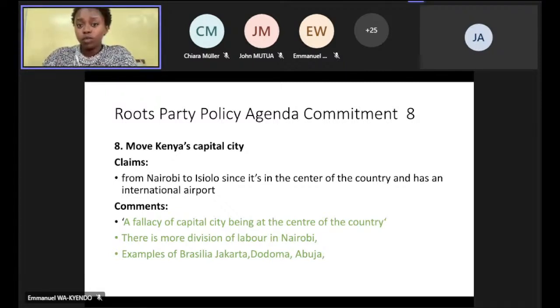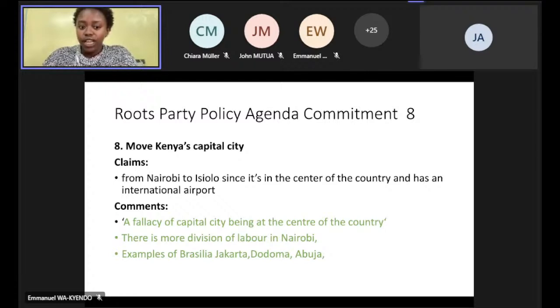This gives it more specialization. Since there is division of labor, you'll find people who are specialized in food delivery, others in transport, in different sectors. So moving it to Isiolo, it will take time for people to move to Isiolo for that specialization to be realized.